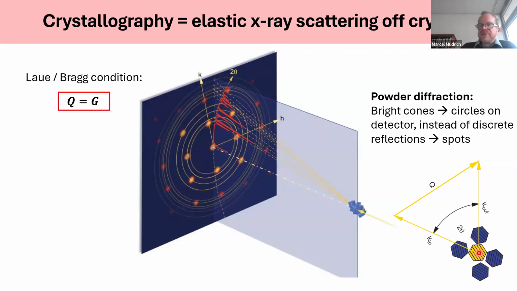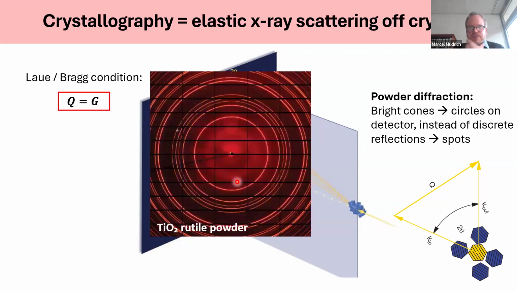Sodium chloride would be a crystal that has two ions in the basis. Or if this is an organic crystal, like a protein crystal, every lattice site of the crystal would contain thousands or even 10,000 atoms, and this then produces a much more complicated diffraction pattern, obviously.